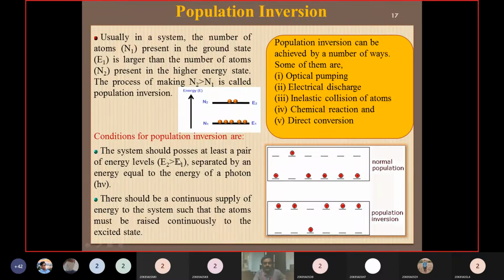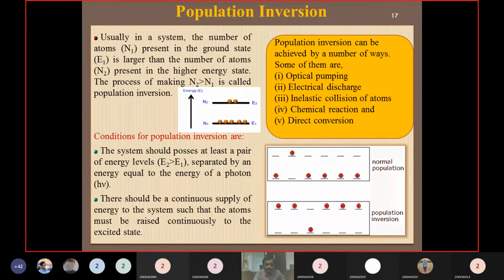Now the conditions for population inversion. The system should possess at least a pair of energy levels. That means there should be at least two energy levels; more than two is also okay, but a minimum of two is needed, then only population inversion is possible.